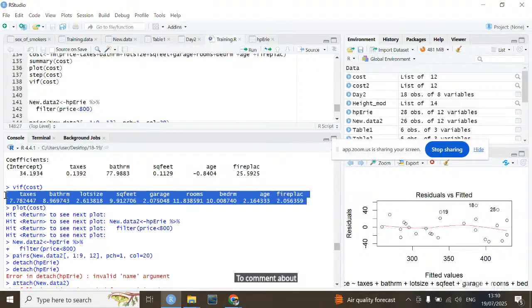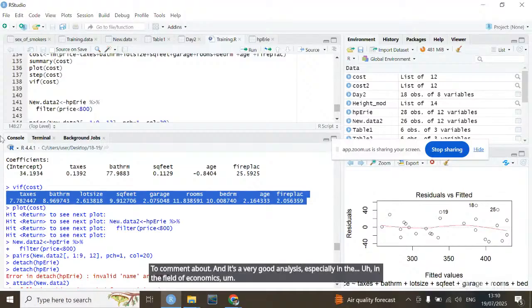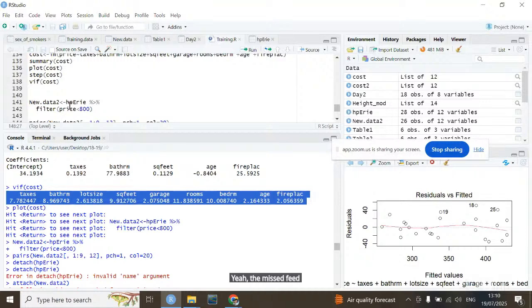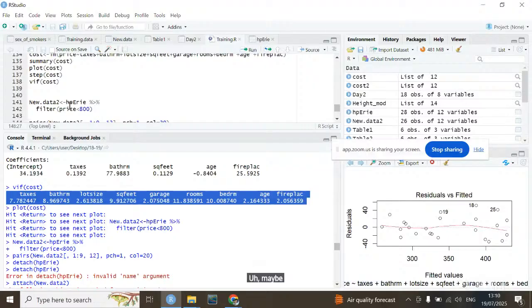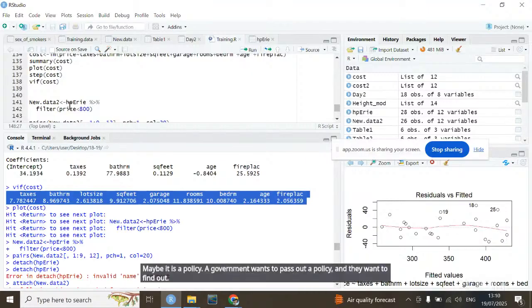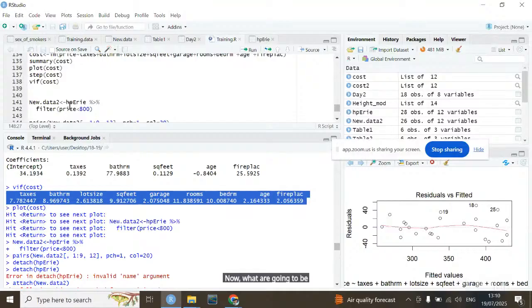It's a very good analysis, especially in economics, because sometimes you have to make a decision, and maybe it is a policy. A government wants to pass a policy, and they want to find out what are going to be the most important predictors. So that's why sometimes linear regression comes in.